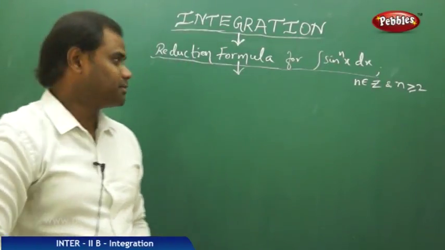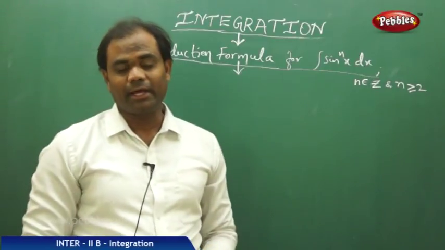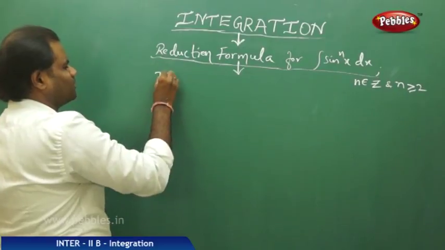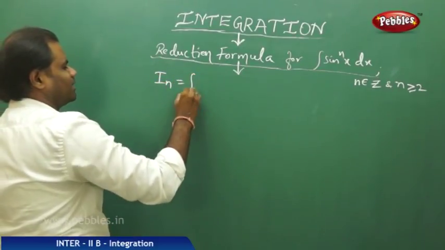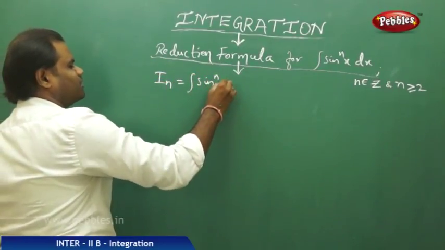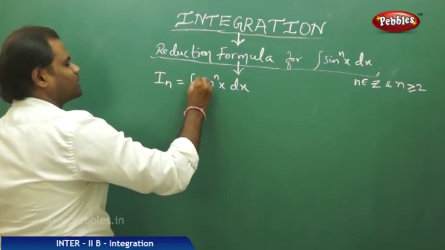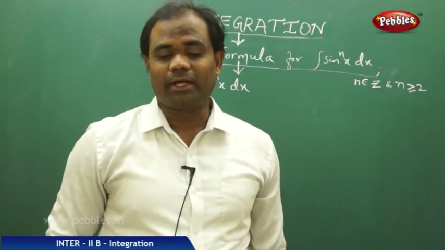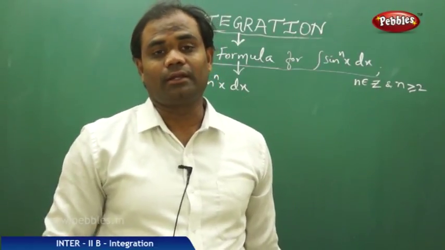Now let's see the reduction formula for sine power nx. That is, if I take the integral of sine power nx as In, then this reduces to some continuous reduction which can be helpful in finding the integral of sine power nx for larger values of n.